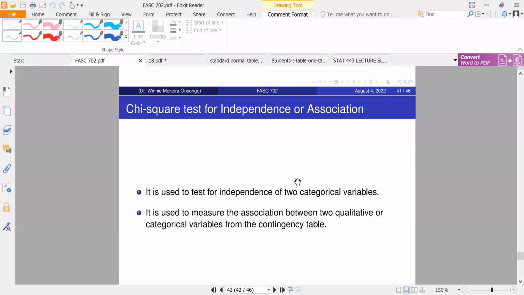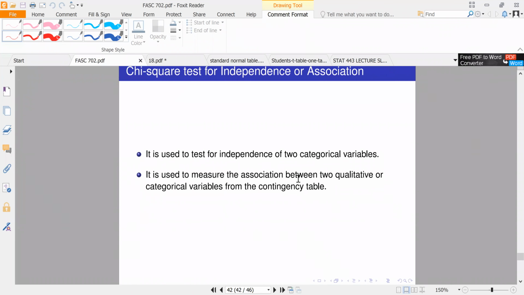For instance, in the preceding example, we can use it to test for the degree of association between an individual's gender and their belief towards that concept of afterlife. So in that particular case, the non-parametric chi-square test of independence comes in very handy in trying to analyze the association between the two categorical variables.